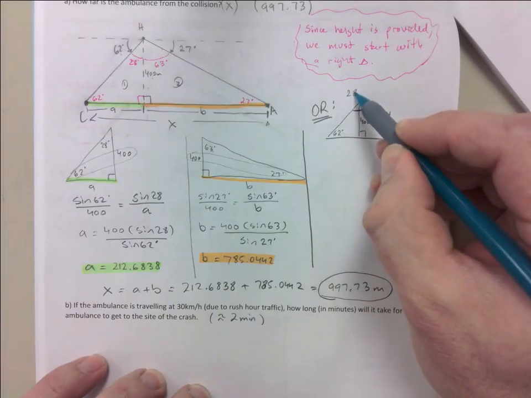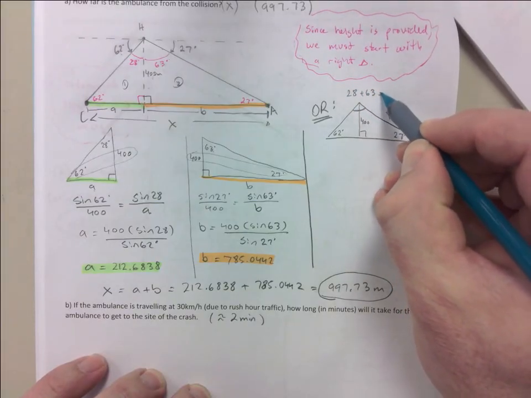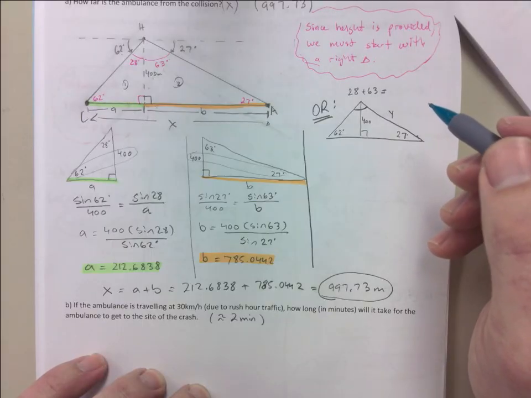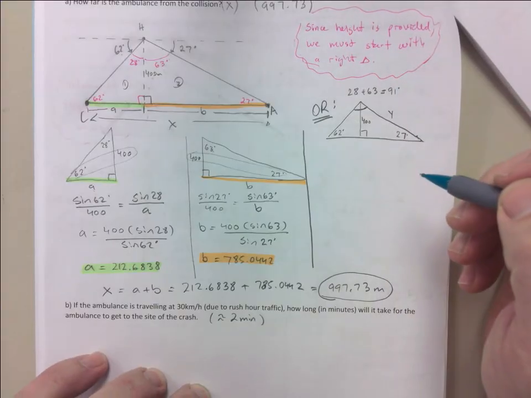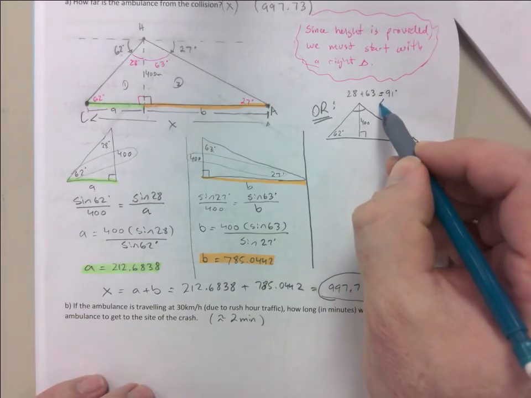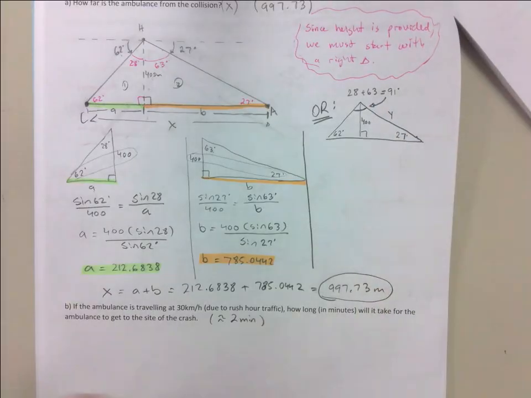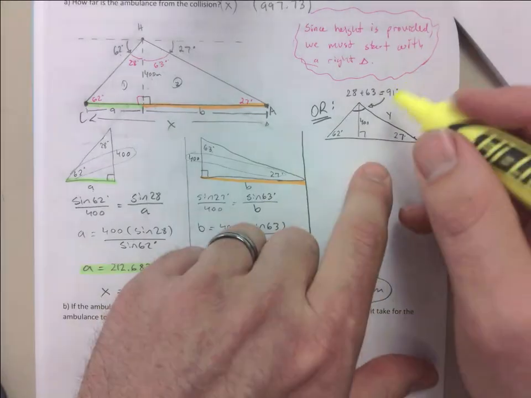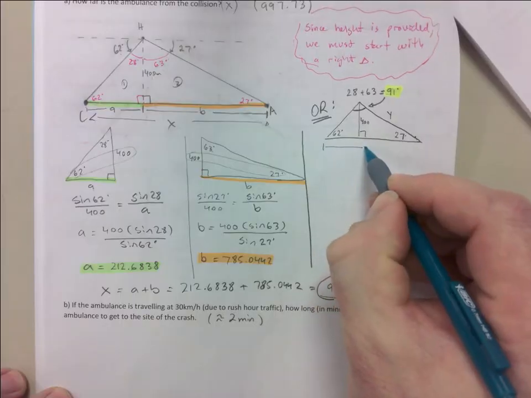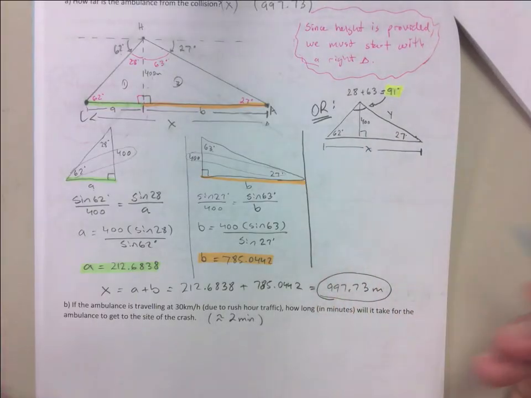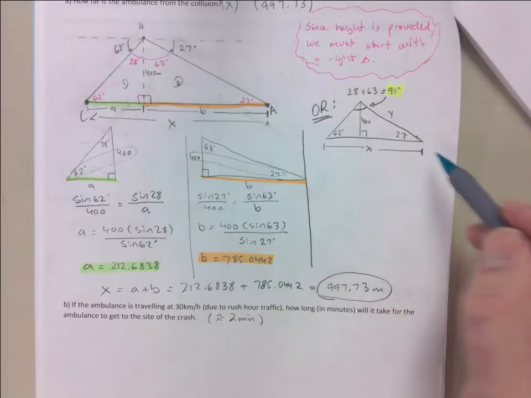This is 28 plus 63. If you add them up, you get 91. Wait a minute. Yeah, 91. That's 91 right there. Highlight that, because that's kind of where everything hinges. And I'm still going to call this X. The fact that the bottom is X doesn't change.